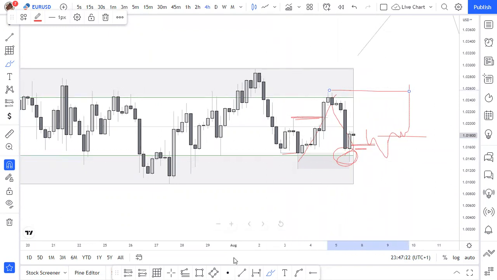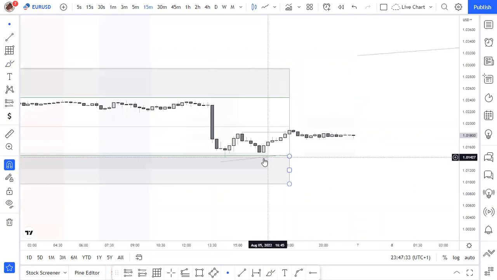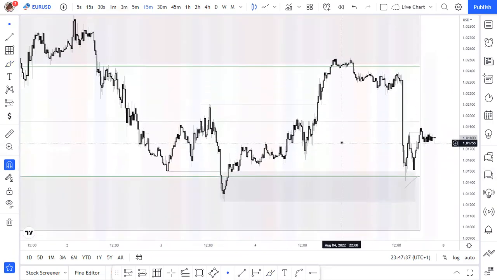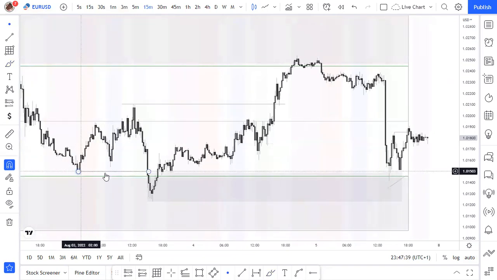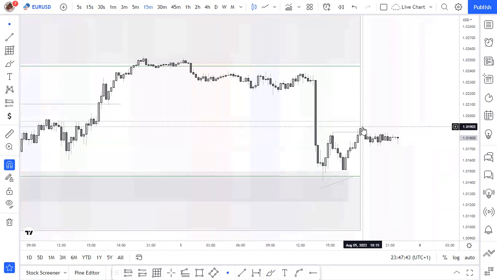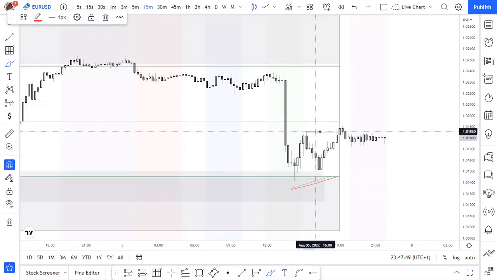Let me check the 15 minute and see if there's anything there. The structure will be clear on the 15 minutes. So yeah, we have the break here and price has now pulled back. If you look at this as your shift in market structure, you have a break of structure here.